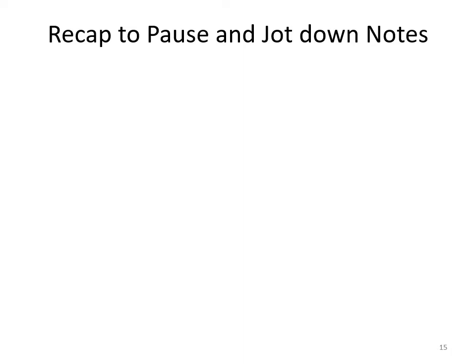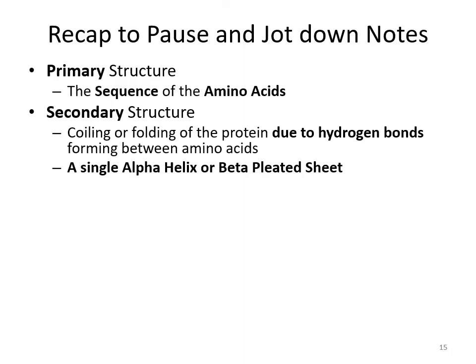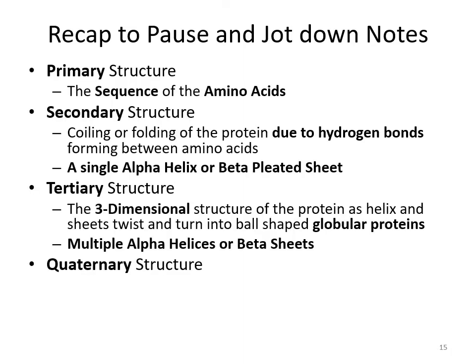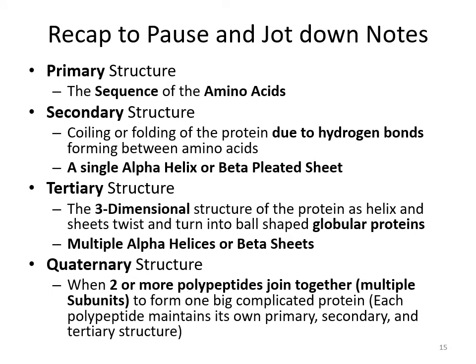So this slide here, you can have this recap so that you can jot down your notes. Primary structure is the sequence of amino acids, just the names written in a row, such as if I wrote tryptophan, leucine, tyrosine, all of that in a row. Secondary structure is if I tell you that you're observing a single alpha helix, or a single beta sheet.